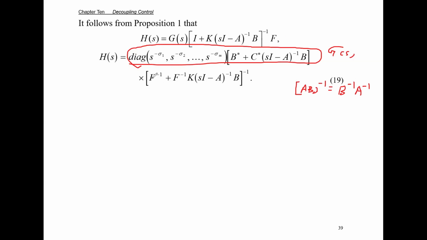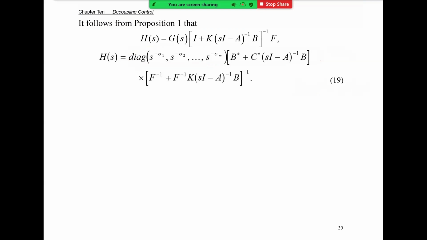Then this one is F inverse times this matrix. That's how this F inverse appears on the left side. Any questions? Then we are ready to show the answer.